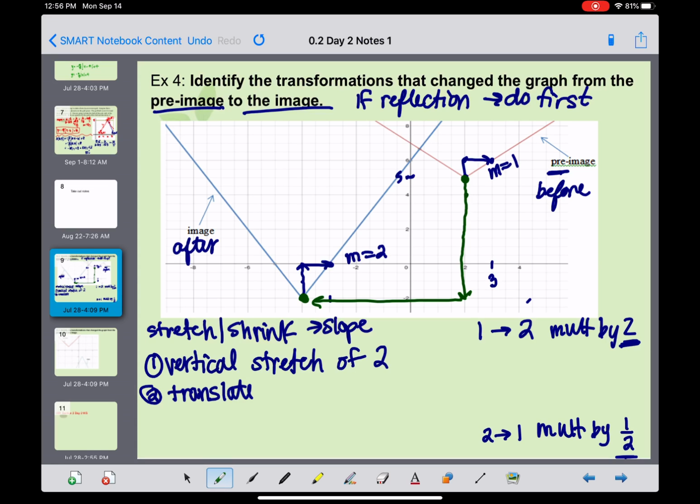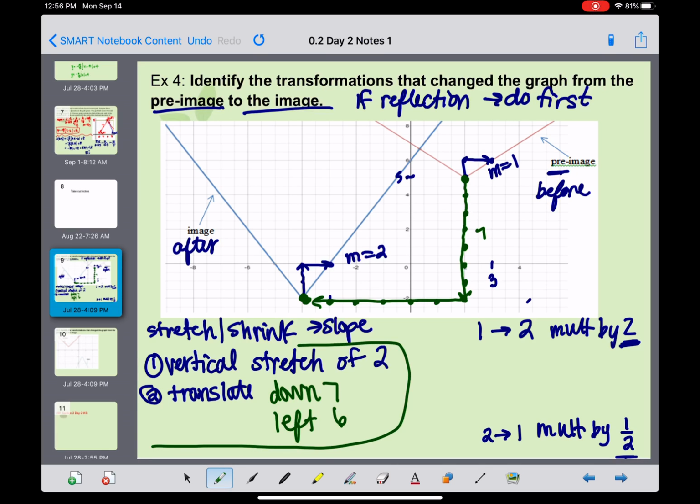So I go 1, 2, 3, 4, 5, 6, 7. Okay, so I'm going to go down 7. And I'm going to go 1, 2, 3, 4, 5, 6. Left 6. So my answer is that. That's how I go from the pre-image to the image.